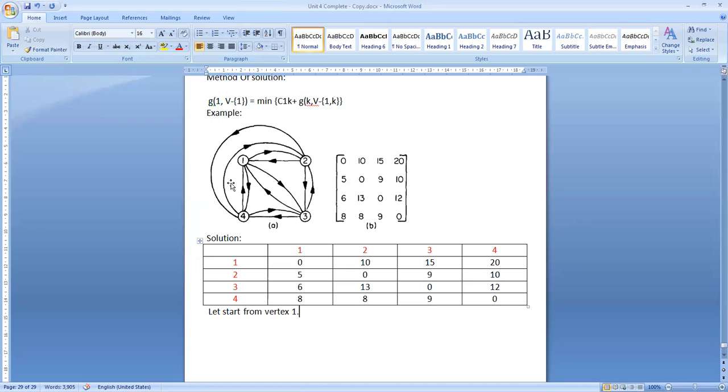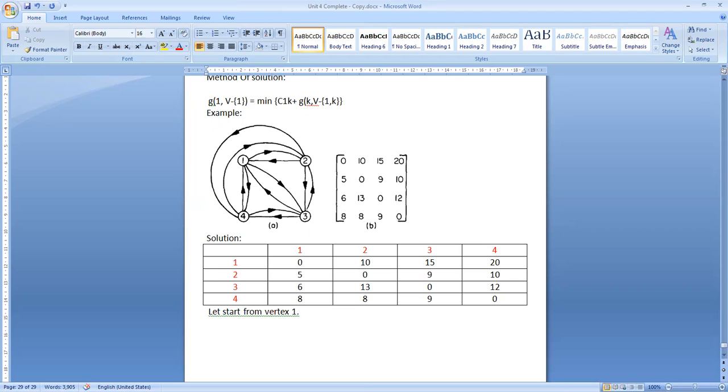If I start from vertex 1, I could visit the remaining vertices and I should come back to vertex 1. Whatever the final vertex is, I should come back to vertex 1. So I need g of 2 comma phi, g of 3 comma phi, g of 4 comma phi. What is that phi? Empty set. So I need that expression.